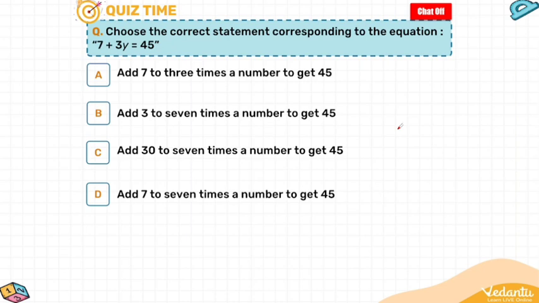Write on the comment box what option you want to select. A, B, C or D. Alright, time up. Let's look into the answer. Yes, the first answer is correct. Add 7 to 3 times of a number is equal to 45, or to get 45.